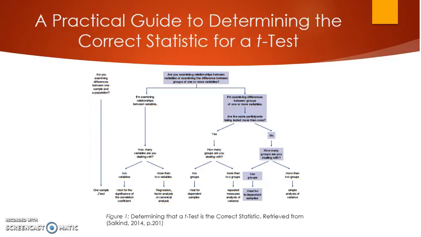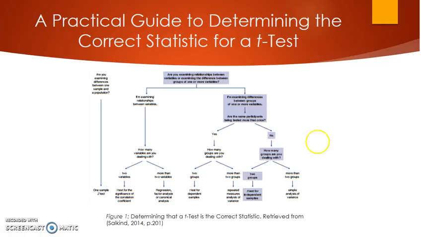Now, this guide, which was developed by Salkind, provides a clear guide on how to determine the correct statistic for a t-test. And here are some factors to consider. If you're examining the differences between groups of one or more variables, this is something to take a look at. And also, are the same participants being tested more than once?